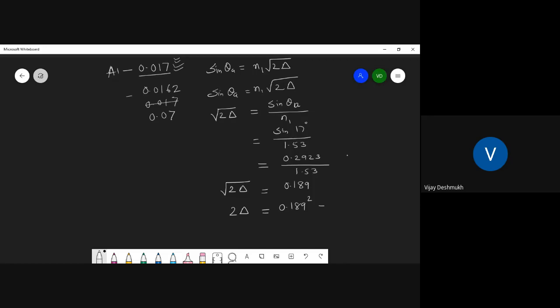How much is this? Sir, 0.2923 upon 1.53 gives 0.1910. Okay, that is fine. This is 189 and this is 191.